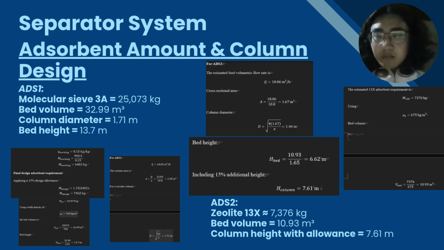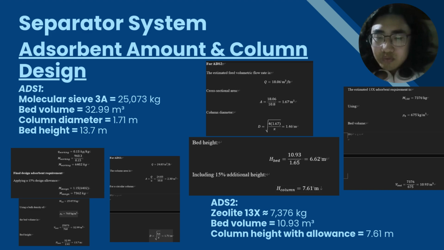This slide presents the adsorption column design. For ADS1, about 25,063 kilograms of molecular sieve 3A are required. The adsorption bed volume is 32.99 cubic meters with a column diameter of 1.71 meters and a bed height of 30.7 meters.